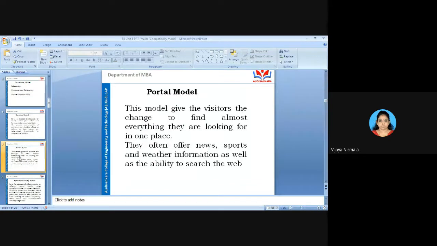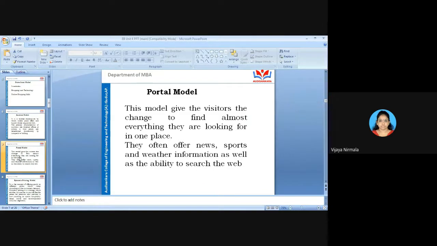And the other one is the portal model. This portal model gives visitors the chance to find almost everything they are looking for in one place. Customers who visit our website can find everything they want to purchase in a single place.